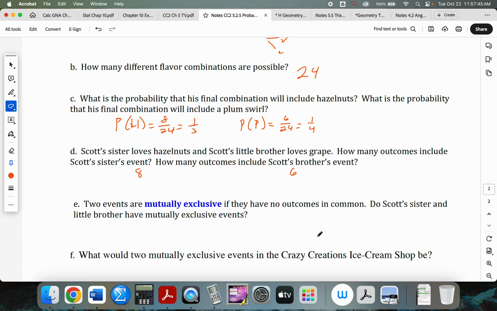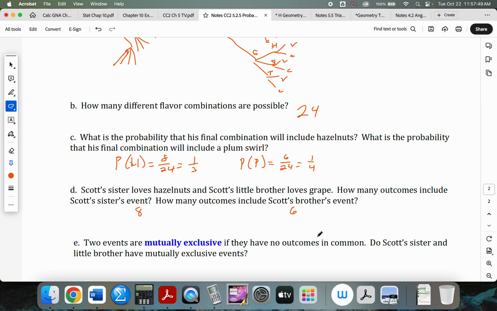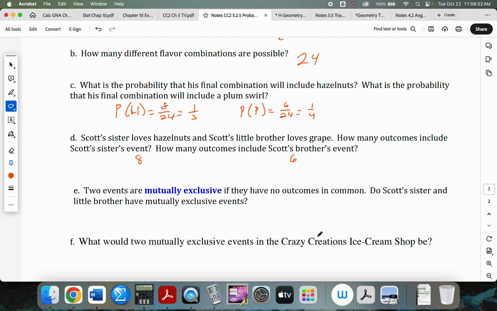Do Scott's sister and little brother have mutually exclusive events? In other words, is there a possibility that you can get grape and hazelnut in the same one? Yeah. So are they mutually exclusive? No.